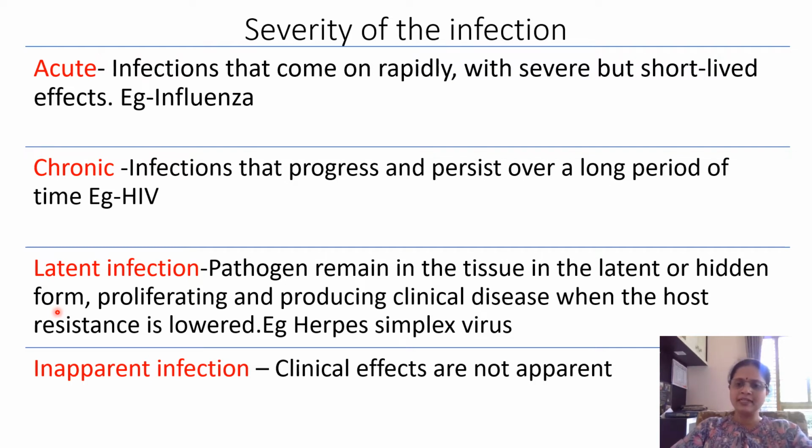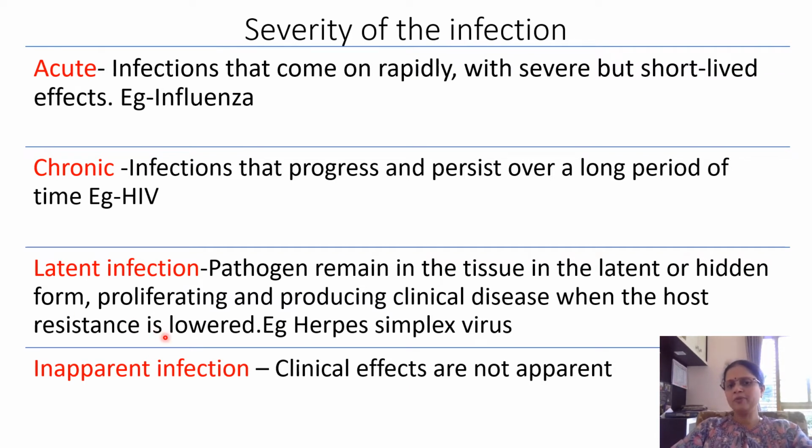For example, if you have diabetes and suddenly your sugar goes up, or your BP increases, or you are taking steroid drugs for some reason. So in all these situations, your body's immune system will come down. So at that time, this hidden microorganism, this hidden parasite will start proliferating and cause the symptoms. So such an infection is called the latent infection.